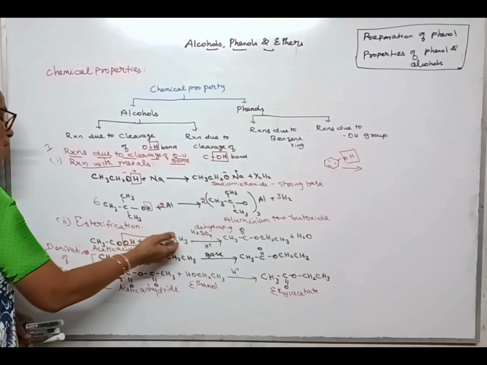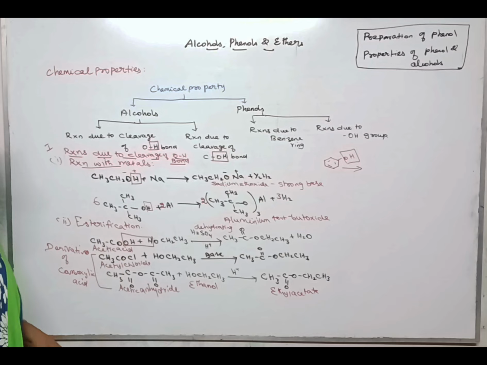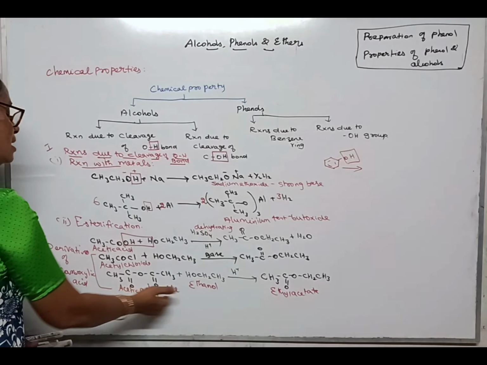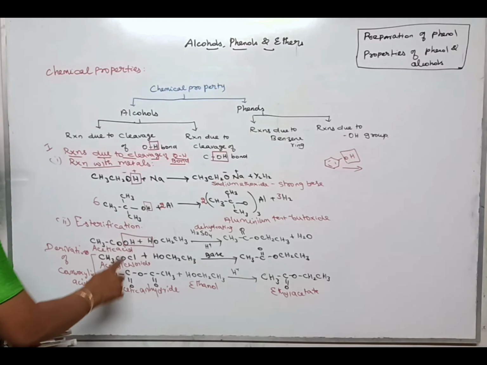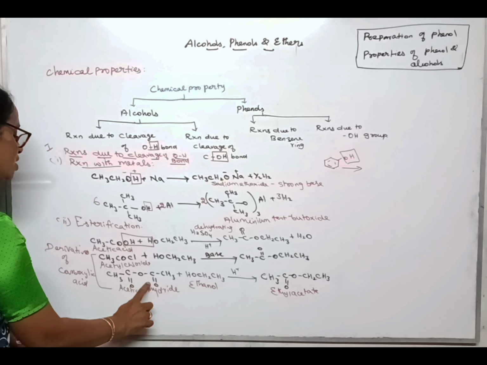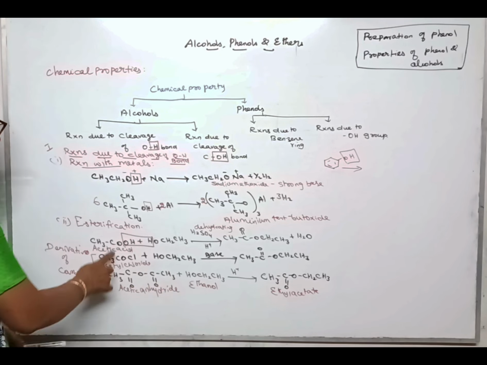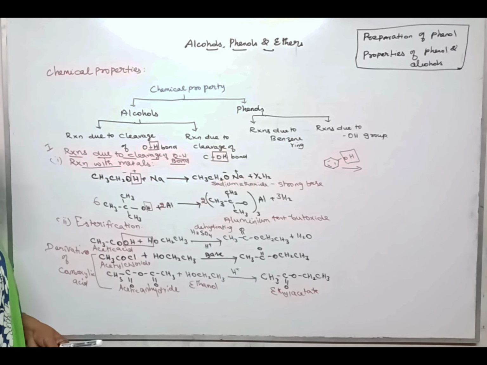The alcohol, not only with the carboxylic acid, may also react with the derivatives of carboxylic acid, acetyl chloride and acetic anhydride. So in this, the OH is replaced by Cl. Here the OH is replaced by the acetate group, CH3COO group. So these are the derivatives of carboxylic acid.